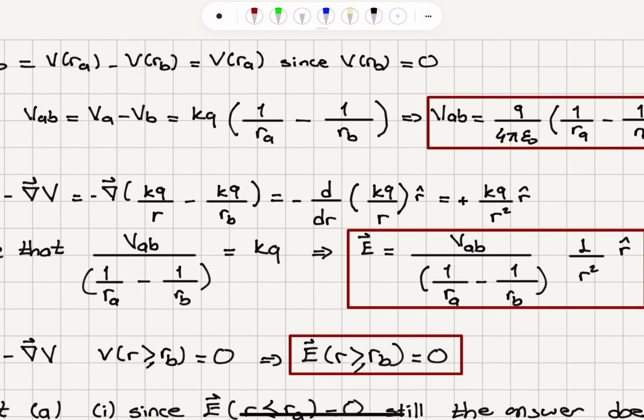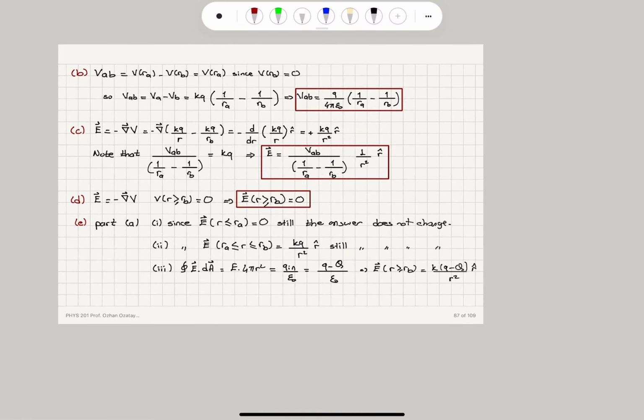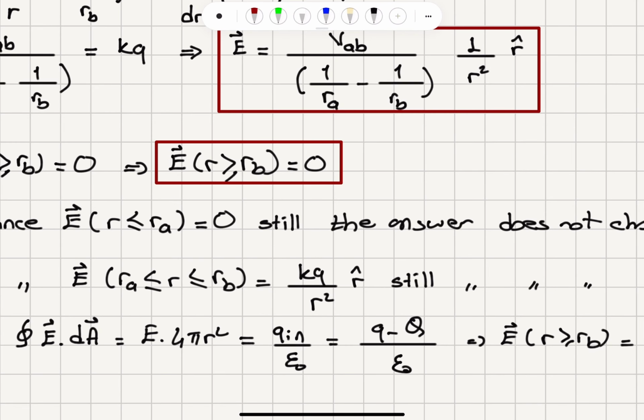Actually, the potential changes because I will have kq over r minus k capital Q over r sub b. But since I take the gradient, this doesn't have a contribution. So the derivative of kq over r with respect to r gives me, with the minus sign, kq over r squared r hat still.